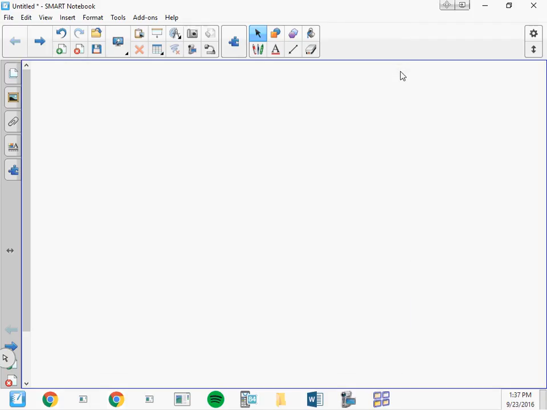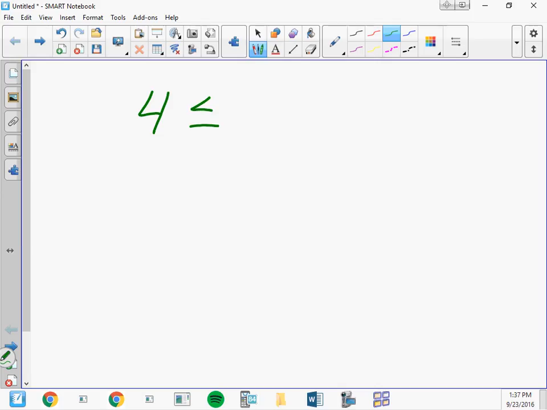What if I had 4 less than or equal to 8 minus 4x less than, we'll say 20. What should I move first? The 8. I'll subtract 8 from all 3 sides.